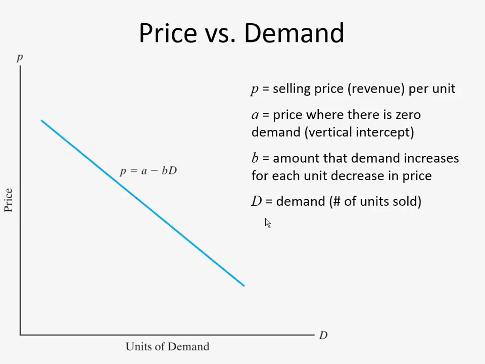Good question. How do you know what this curve looks like? Well, you may have an economist on staff who looks at competing products and predicts it based on the amount of units that are sold in the market and how they think your item compares to the other ones that are already on the market.